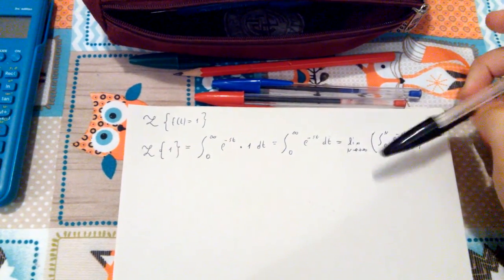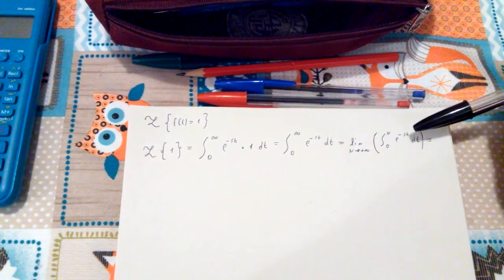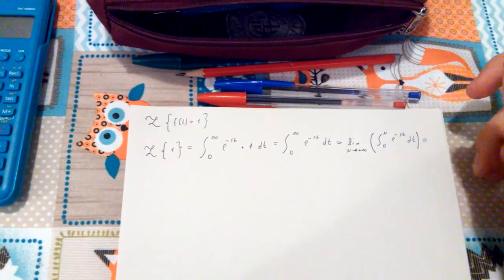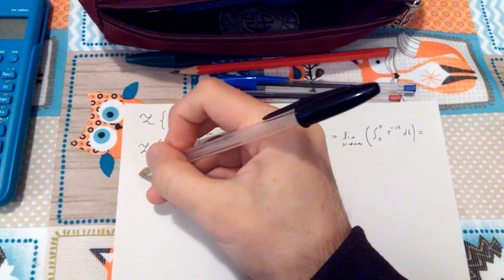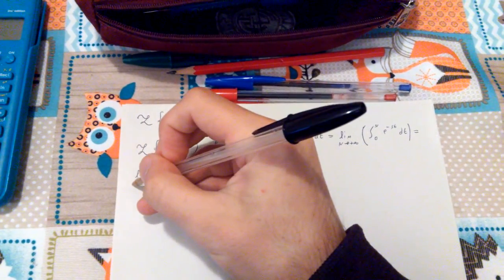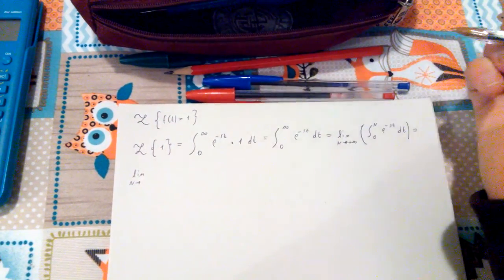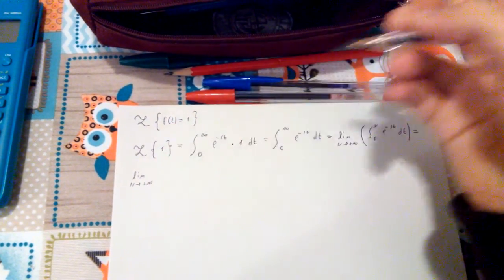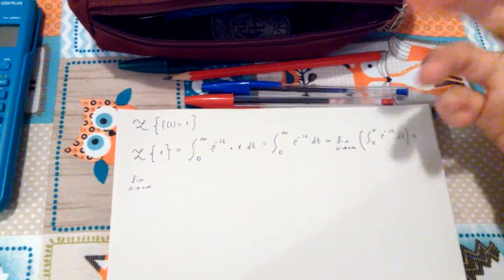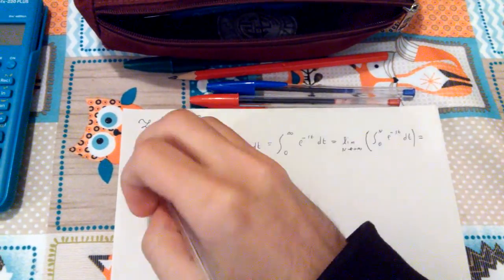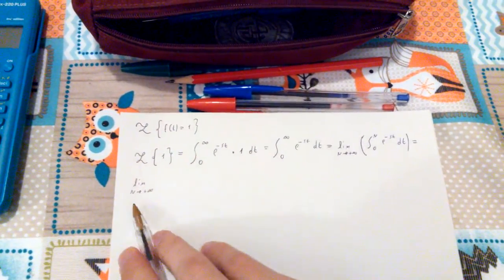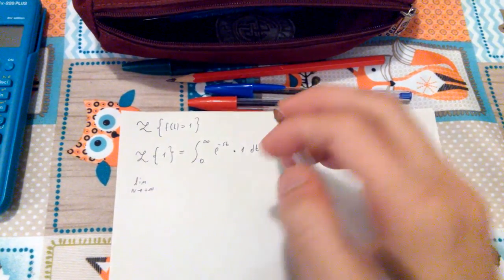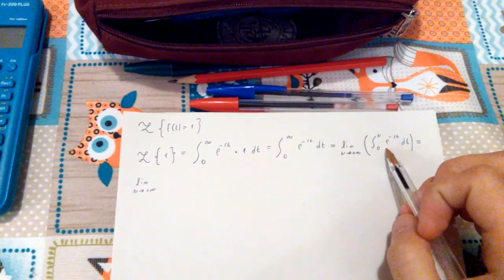In order to solve this limit, we've got to solve this integral first. How do we do that? Well, it's actually easy. This is where everything you have studied in your calculus 1 class comes together. Well, calculus 1 and 2 and 3 and so on, but essentially this is just calculus 1 stuff. So we're going to have the limit as n approaches positive infinity of this integral.